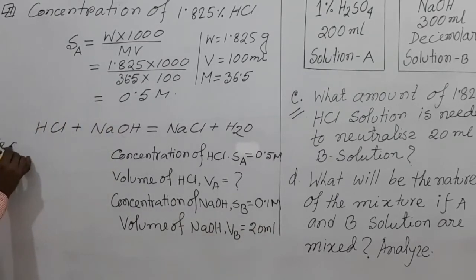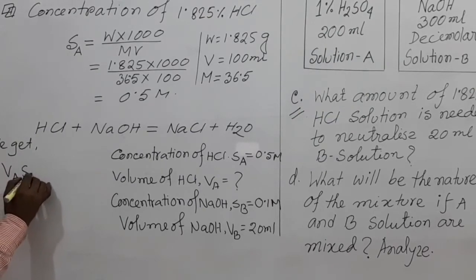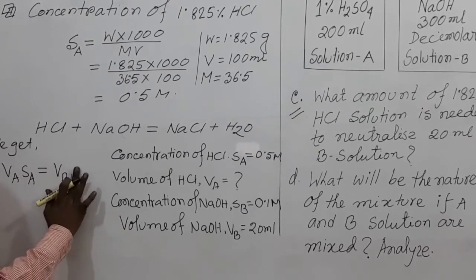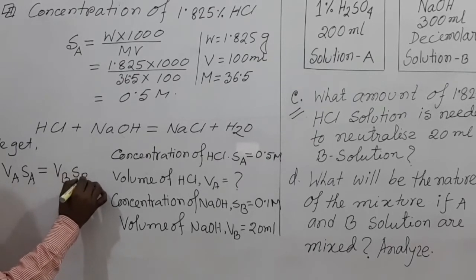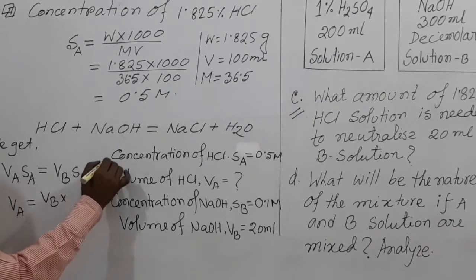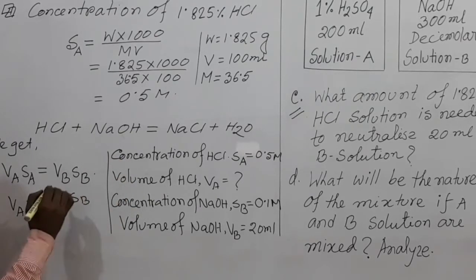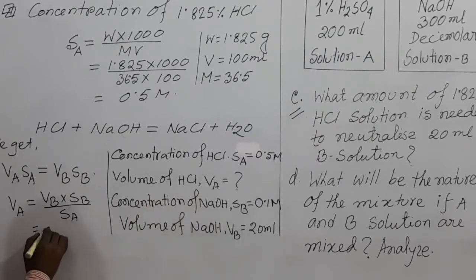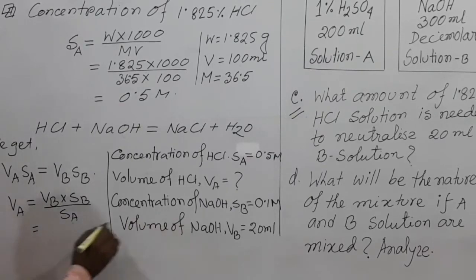Now we get, my dear students, VA SA equal to VB SB. So VA equal to VB into SB divided by SA. What is the value of VB? That is 20 ml.